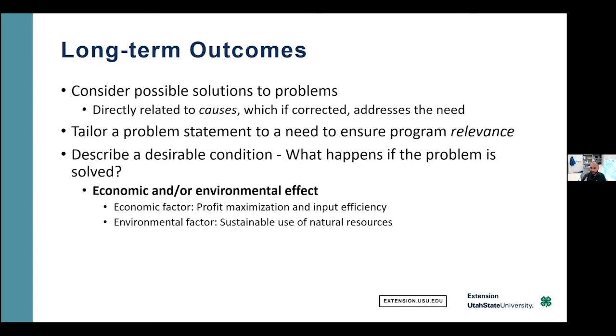And within this problem statement, I'm sure all of us are familiar with writing one. We start with writing the current condition, which is what the issues are, and then identifying the desired condition. And the gap between those two things is the need. So the solution would ideally close that gap between the current and the desired condition.